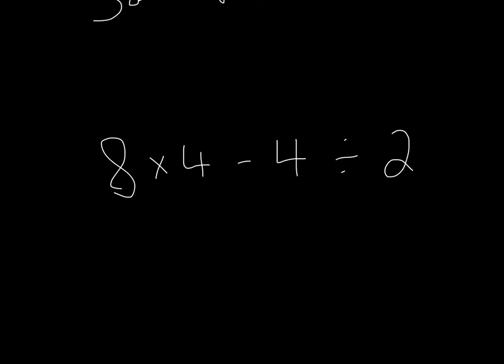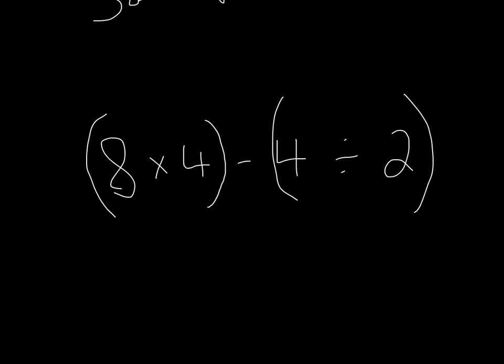So let's put parentheses around the areas that we want to do first. 8 times 4, 4 divided by 2. Now this is not necessarily going to happen every time. I'm just showing you a way of how parentheses will change your answer.